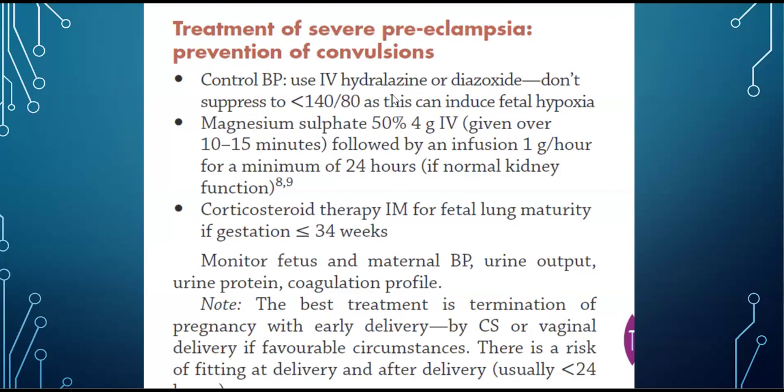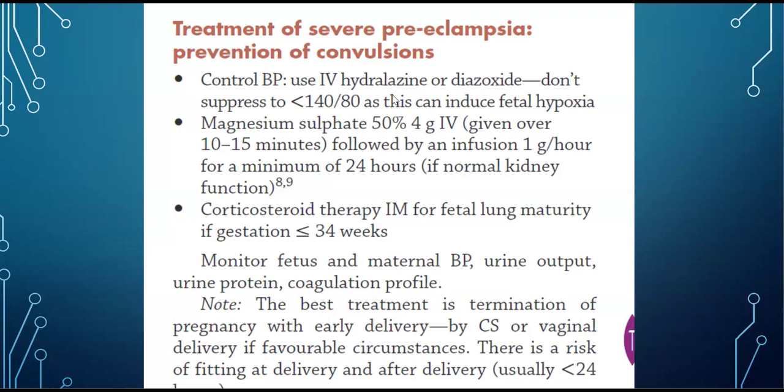For mild preeclampsia, you can just give antihypertensives like methyldopa or oral labetalol to keep the blood pressure down, and then send the patient to a high-risk pregnancy clinic where she will be seen by an obstetrician. But if it is a severe preeclampsia, the patient has a risk of developing convulsion, which means eclampsia.